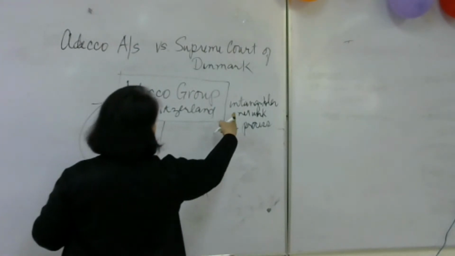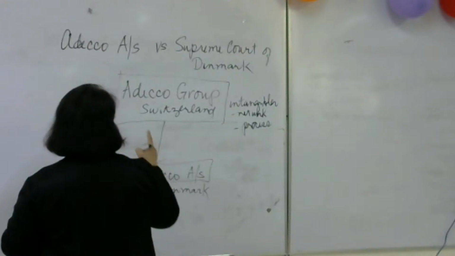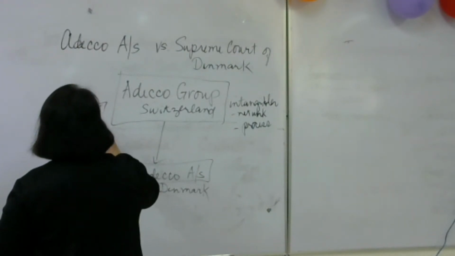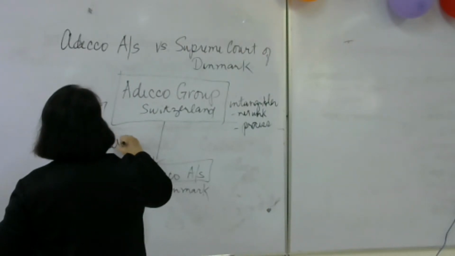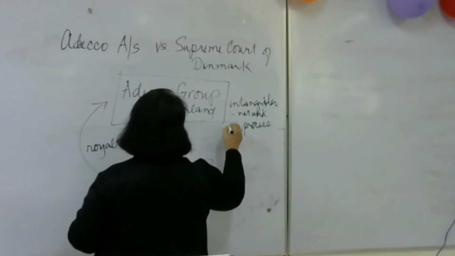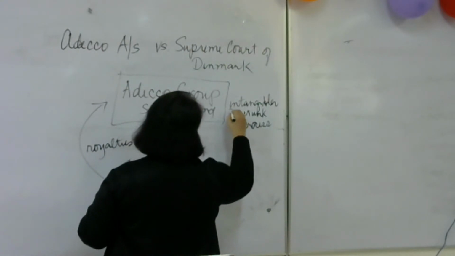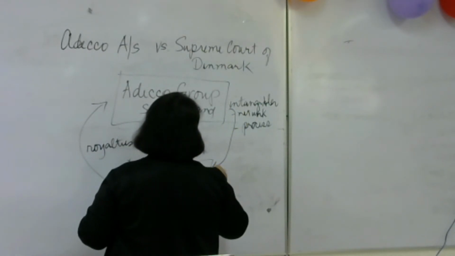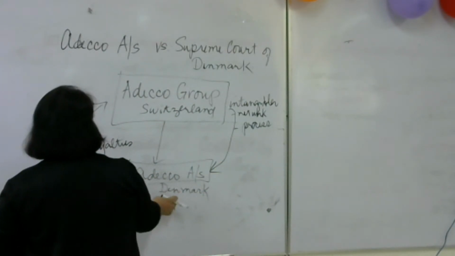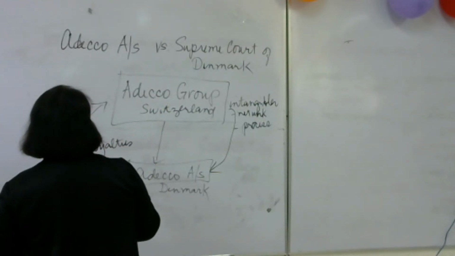Dahil ginagamit niya itong mga intangibles ni Adecco, no? So, nagbabayad siya ng royalties. Ito naman si Adecco Group, pinapagamit niya yung intangibles kay Adecco AS. Si Adecco AS naman, nagbabayad sa kanya ng royalties.